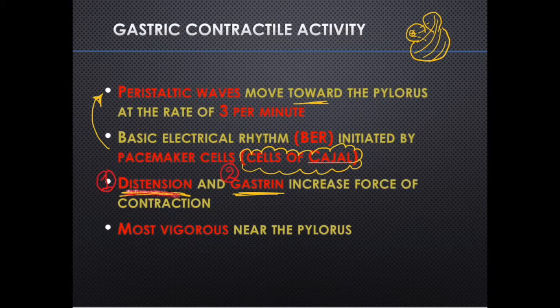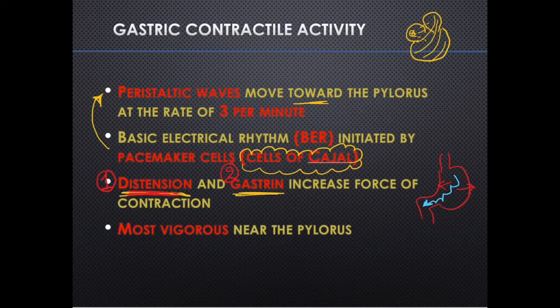Those are the distension of the wall of the stomach. If I have distension of the wall of the stomach, this directly tells me that you've got food inside. And if you've got food inside, you need to stimulate the contraction for you to move this food from your stomach to the small intestine.